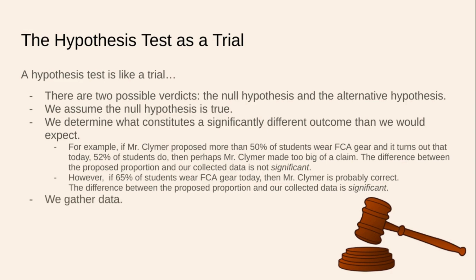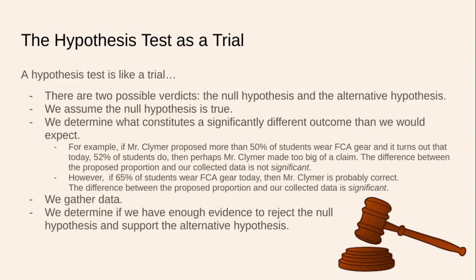So we gather data. Then we determine if we have enough evidence to reject the null hypothesis and support the alternative hypothesis. Okay? Is there enough evidence to show that the significance is so great that we reject the null hypothesis and support the alternative?